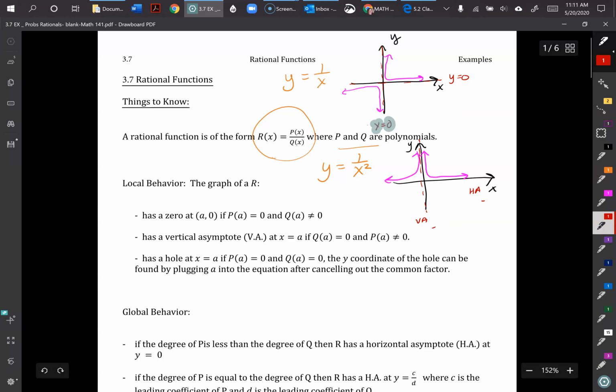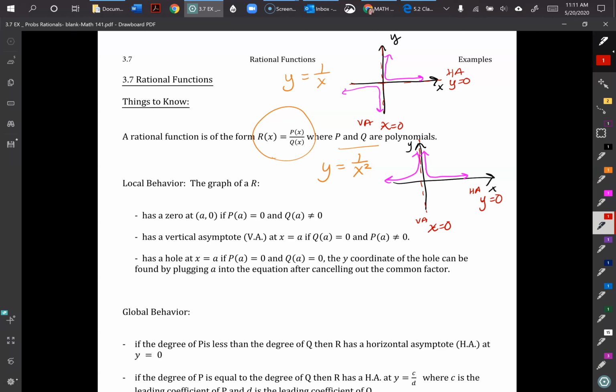Let's switch that around. That one was good: y equals 0. This one should say x equals 0. There we go. Careful of that. So vertical asymptotes will always be x equals something, and horizontal will always be y equals something. So I'm glad that we can really point that out.